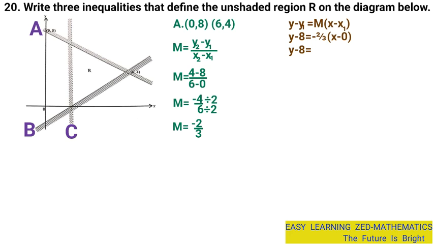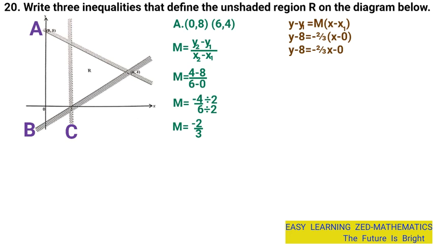Okay, once I've done that, then I'm going to write y minus 8 is equal to, then I'm going to distribute negative 2 over 3 to those numbers in brackets. So I'm going to multiply negative 2 over 3 by x will give me negative 2x over 3, then I'm going to multiply negative 2 over 3 times 0 will give me 0. Okay, so you can either add or subtract that.